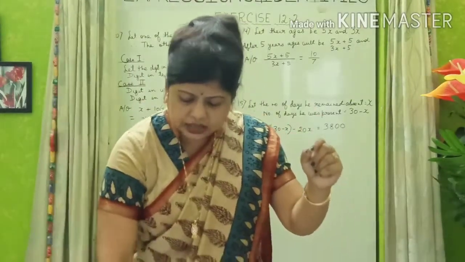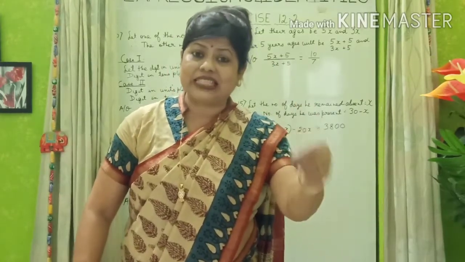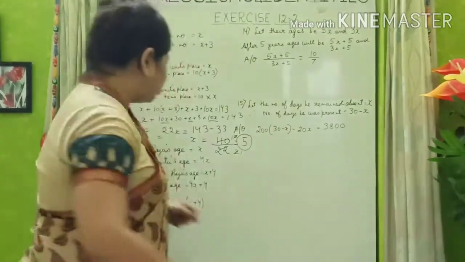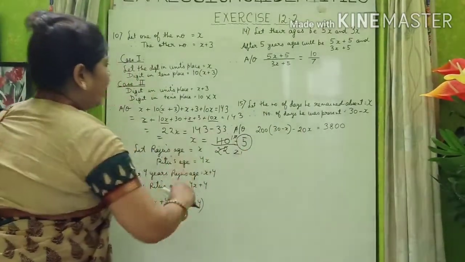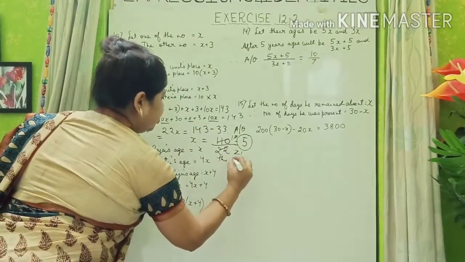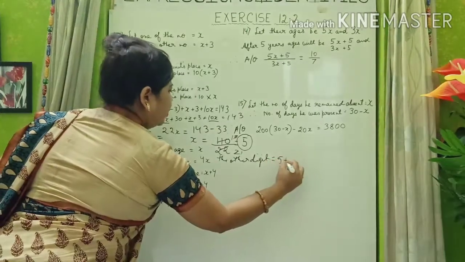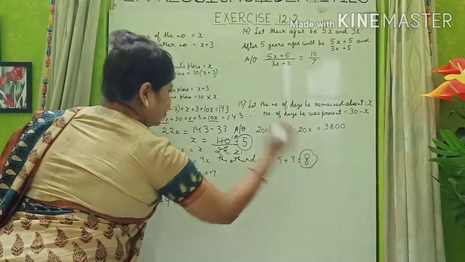As the question demands, what can be the original number? The question says that you have to find the number. So children, when your x is 5, what will be the other? x plus 3. So the other digit will be 5 plus 3, that is equal to 8.